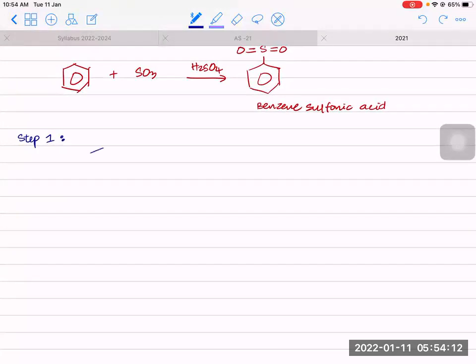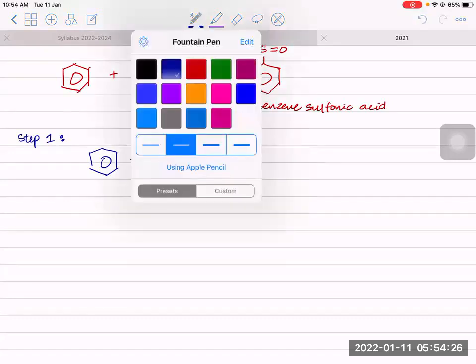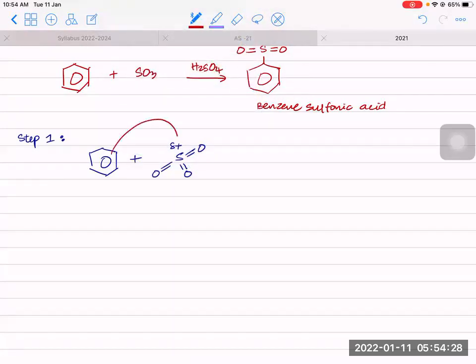So first step would be benzene with SO3. Now we know that this SO3 has partial positive on the sulfur. Yes, so there will be an arrow from within the pi ring to this partial positive sulfur. Now when this happens, sulfur can only make 6 bonds.